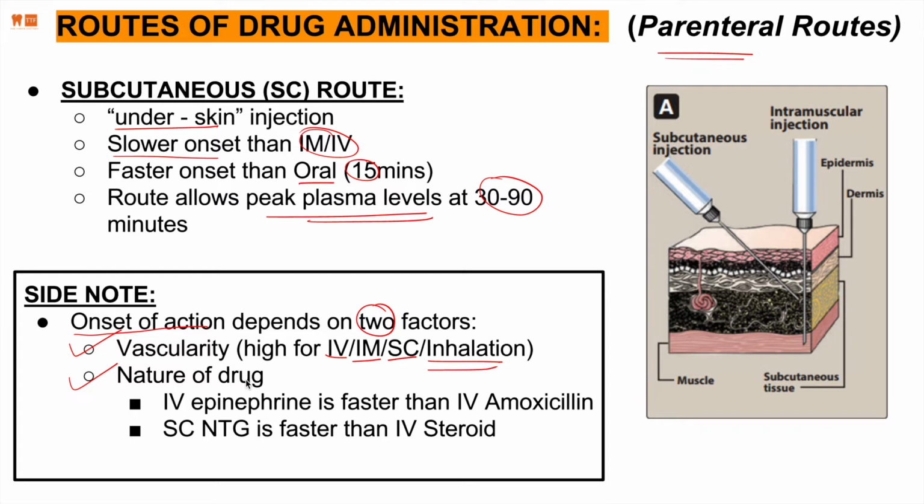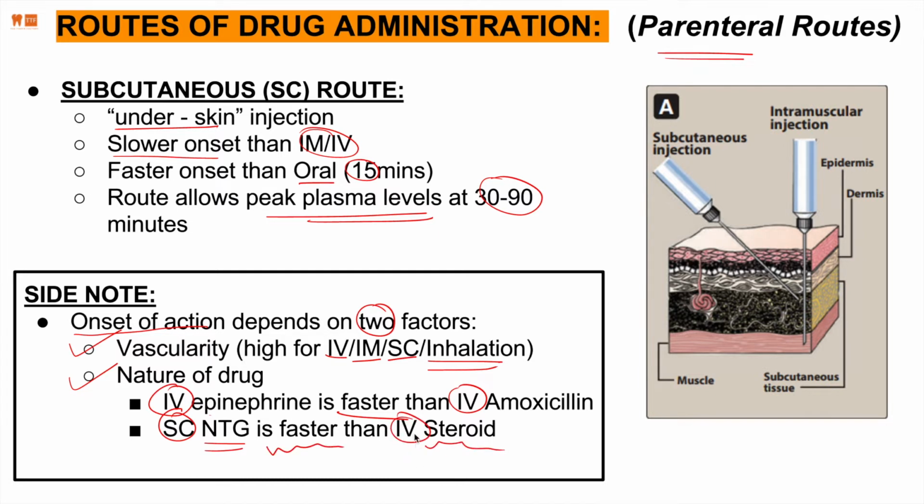And the nature of the drug matters a lot too. Like for example, if two drugs are still IV, they could be absorbed at different paces, right? IV epinephrine is still faster than IV amoxicillin. Or a subcutaneous nitroglycerin is still faster than an IV of steroid.